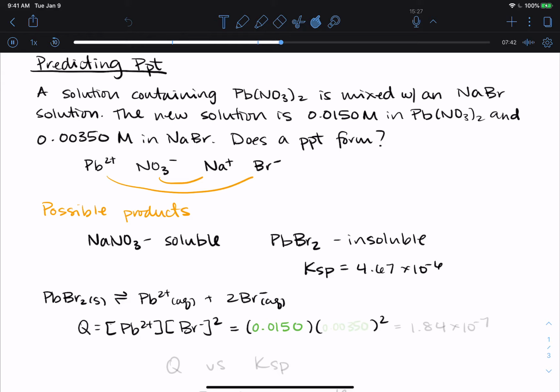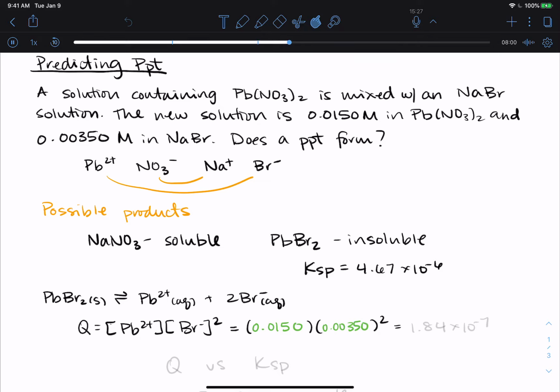And then I need Br minus. So my sodium bromide solution was 0.035, and you get 1 bromide for every sodium bromide. So this was pretty nice. We didn't have to do anything to these numbers.